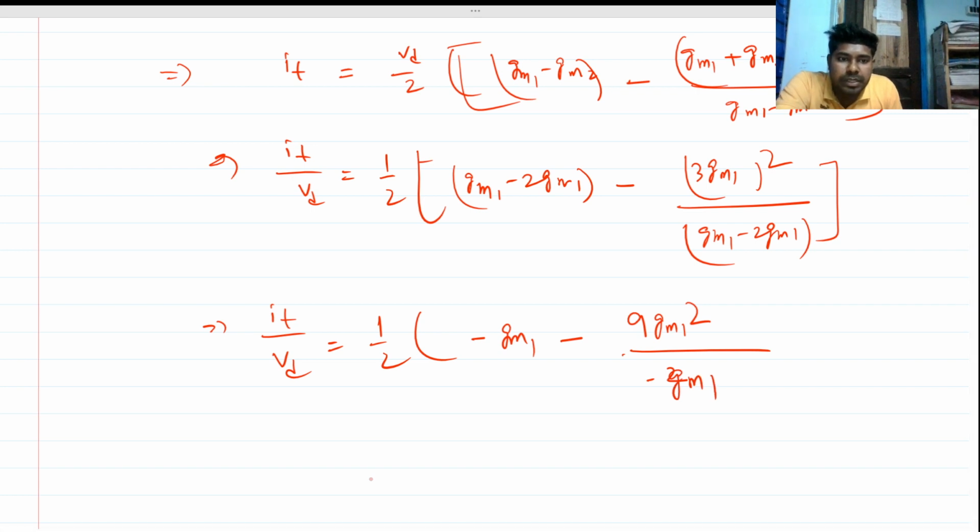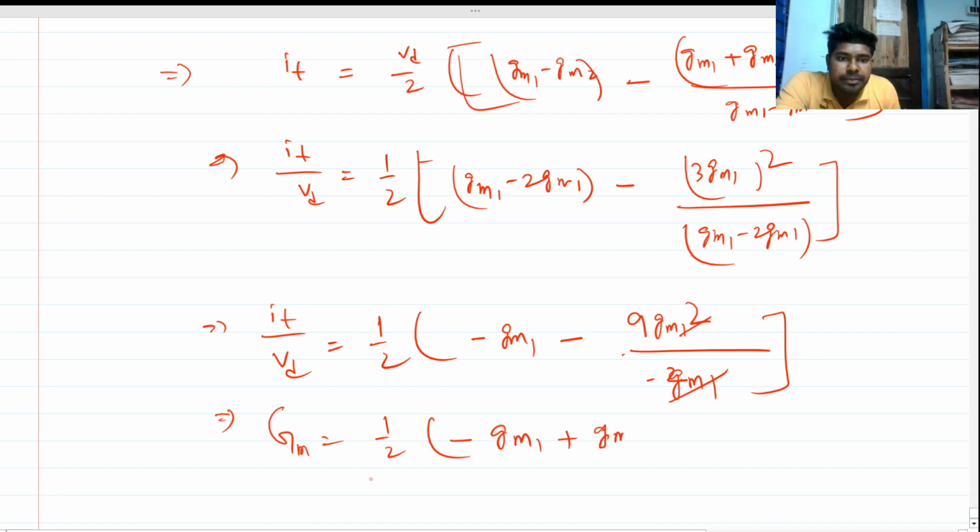So this Gm's cancel, so this will be overall Gm, right? So this will be half times minus Gm1 times plus Gm1 with 9, right? So this will be 8, so this will be 4, right? So this will be 4 Gm1. But is this correct here?